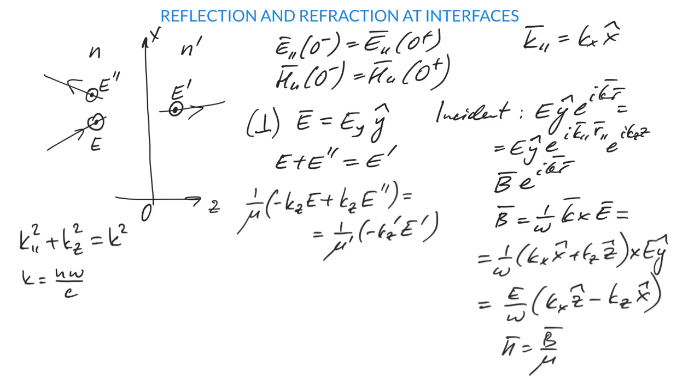All right, so now if we take these two expressions, the expression for the matching of the electric fields, and this one for the magnetic fields, it's two equations with two unknowns.